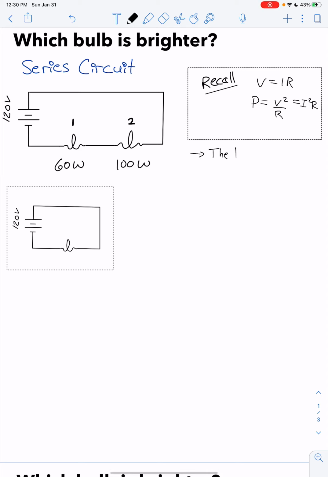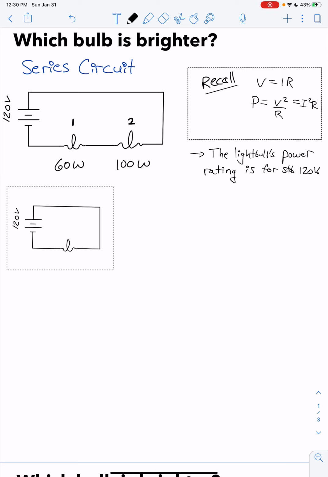The light bulb power rating is for standard 120 volts. And so, I've written 120 volts in this circuit. But that's what it means when you just see it labeled 60 watts.